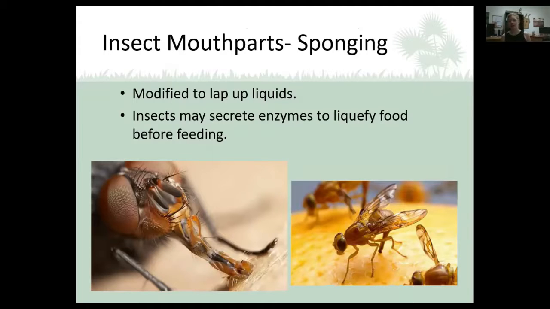Instead, they more tear and puncture and then let liquid pool so that they can lap it up. Usually this is what fruit flies would do on fruits, but even horse flies that bite people do this. They kind of just smash their mouth into you to cut you, and then they lap up the blood instead of nicely piercing you like a mosquito.